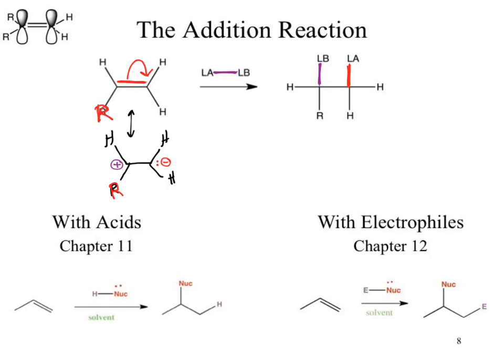Okay, what would that other result have looked like? That other result would have been Lewis acid, Lewis base. Interesting. I didn't say there were two products. I said there was only one. Why did I not show this other product?